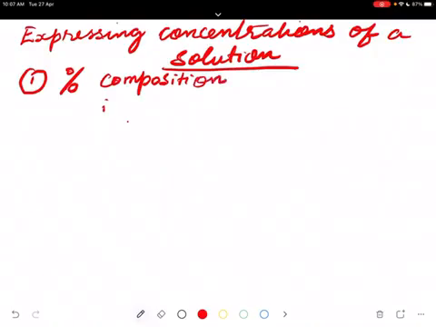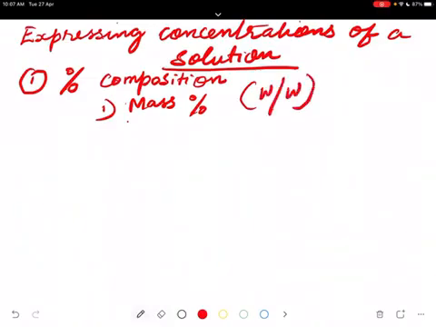Mass percent, that is W by W. You can show it as W slash W, that is, mass of the solute upon total mass of the solution into 100.